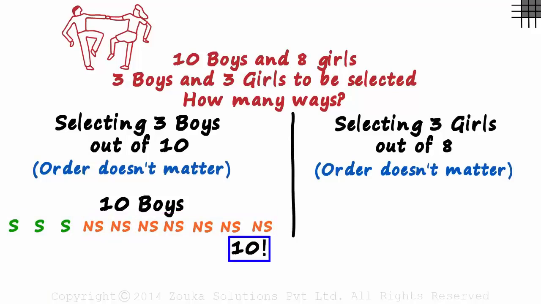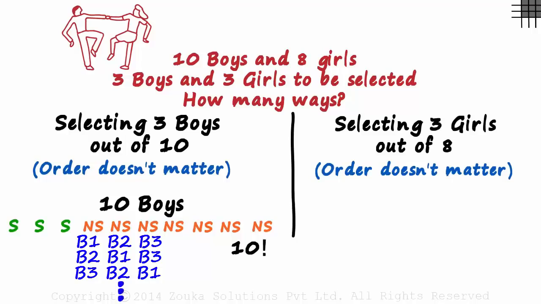Now how does this 10 factorial count the cases of 3 boys being selected? It assumes that B1, B2, B3 is different from B2, B1, B3 or B3, B2, B1 and so on. There are 3 factorial or 6 such ways which 10 factorial assumes to be different. But all these are the same. The order does not matter.